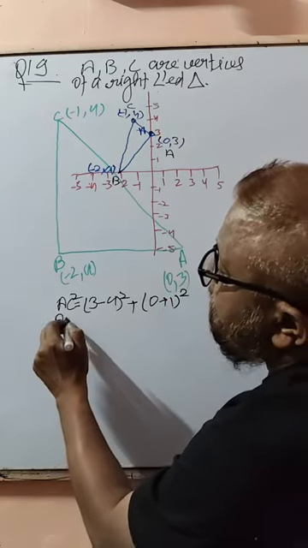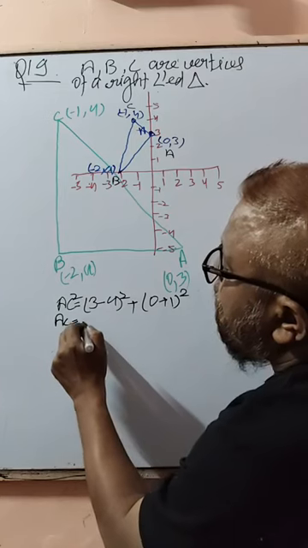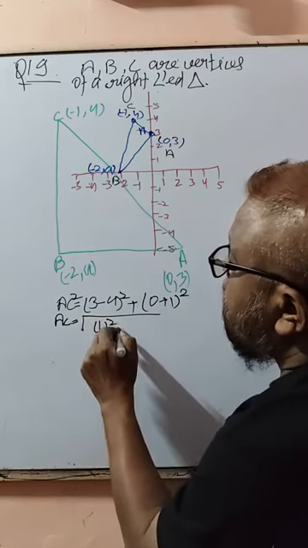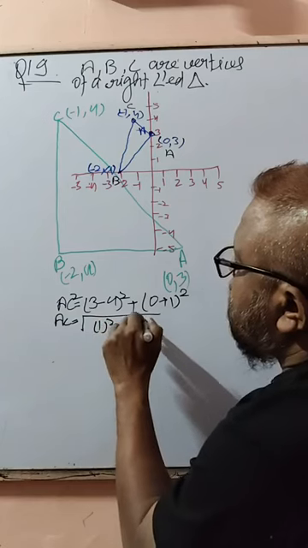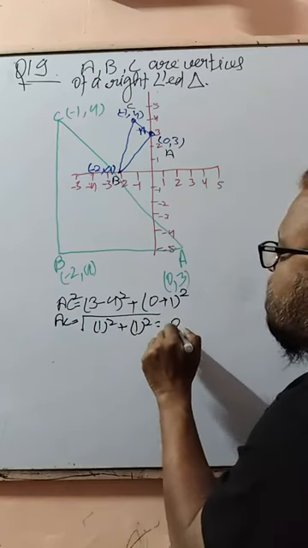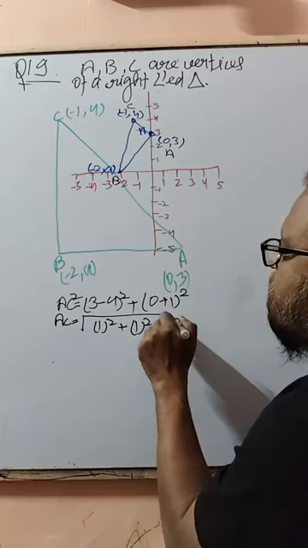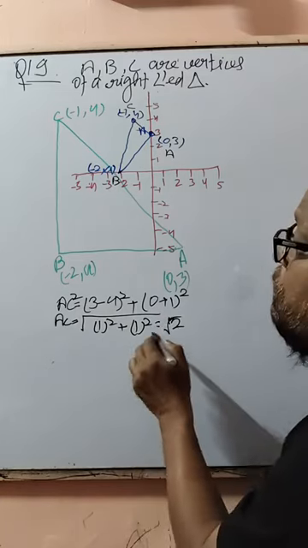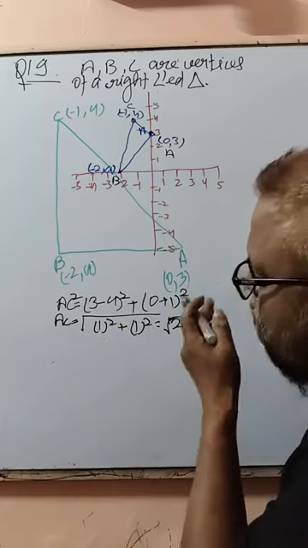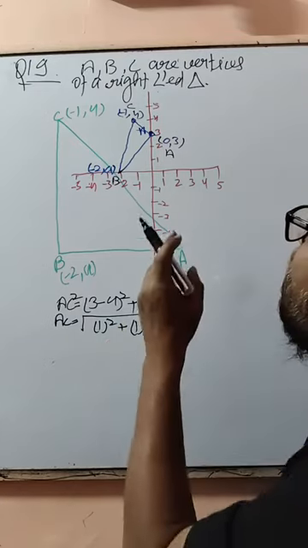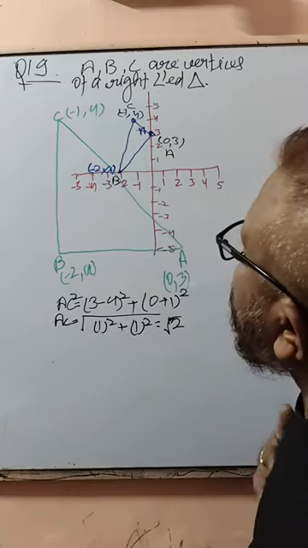So AC is equal to root over 1 square plus 1 square, which becomes 2. 1 plus 1 becomes 2, so AC is root 2. Okay.